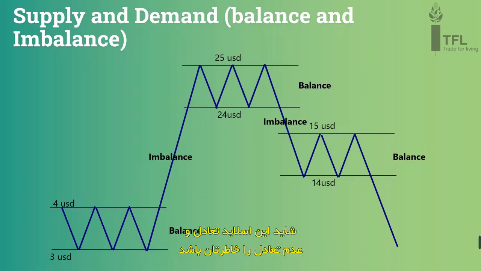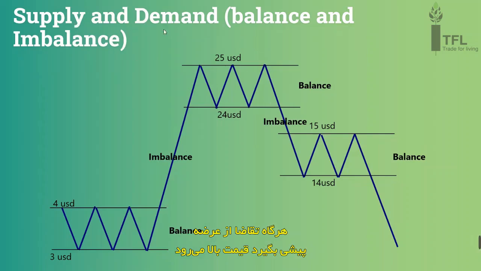So if you remember this movement over here, this is supply and demand balance and imbalance. If you remember the story about the face mask that I told you in episode 1, it's all about supply and demand. When the supply is higher than the demand, there is an imbalance and it pushes the price downwards.